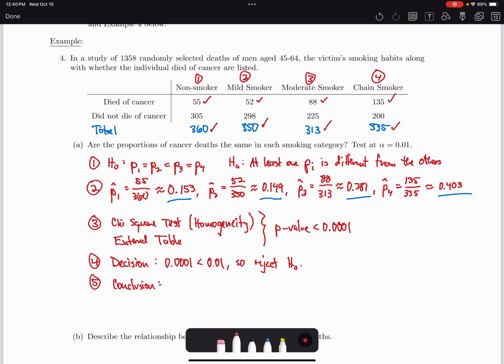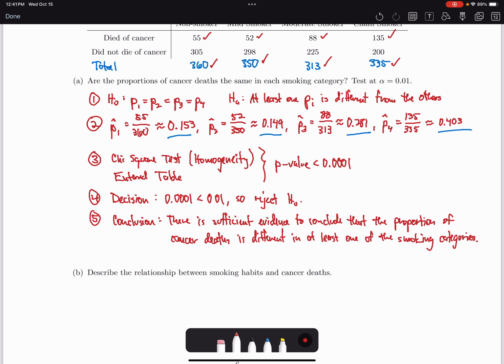So yes, there's sufficient evidence to conclude that the proportion of cancer deaths is not the same in each category, right? The proportion of cancer deaths is different in at least one of the smoking categories. Okay, so there's our conclusion.